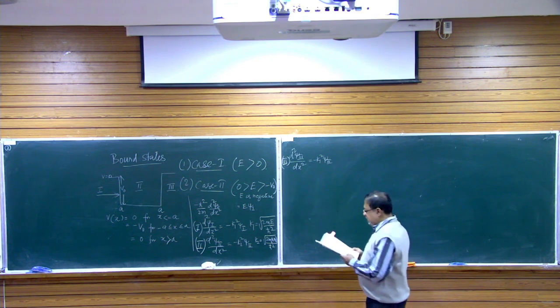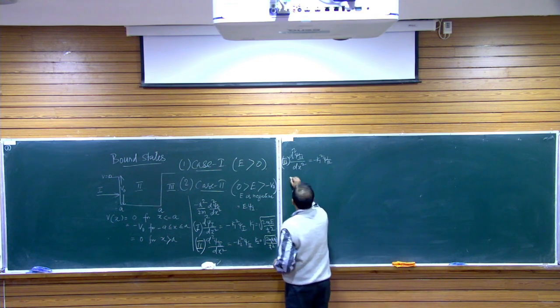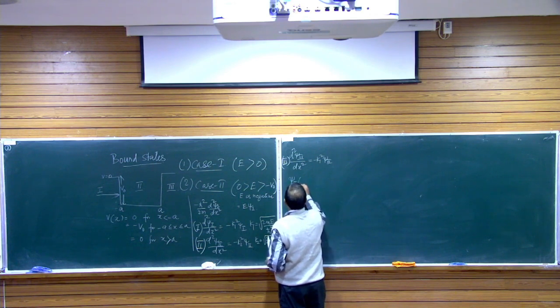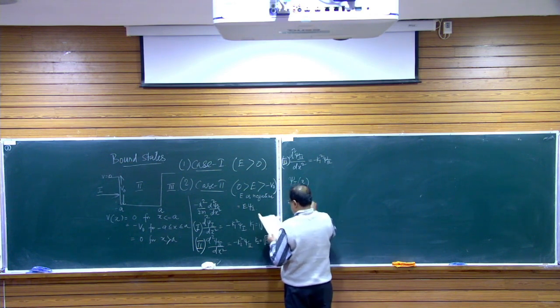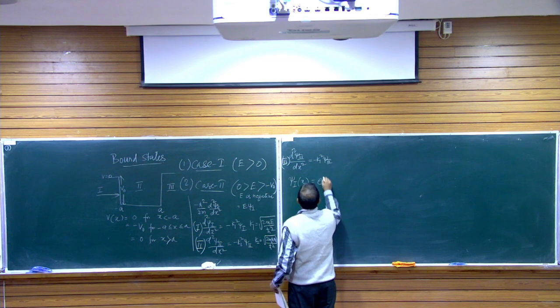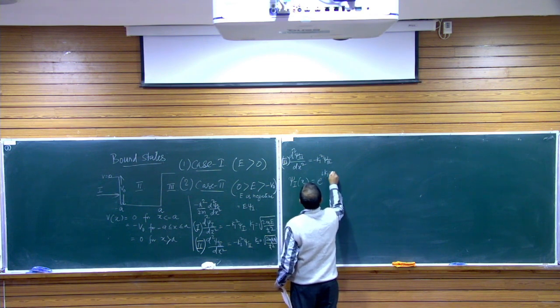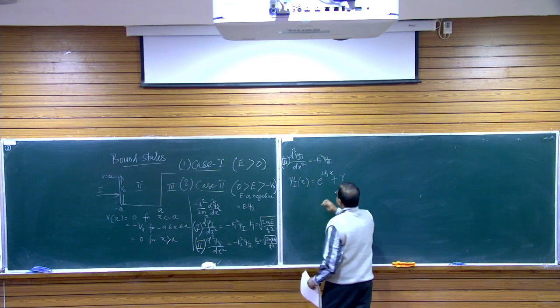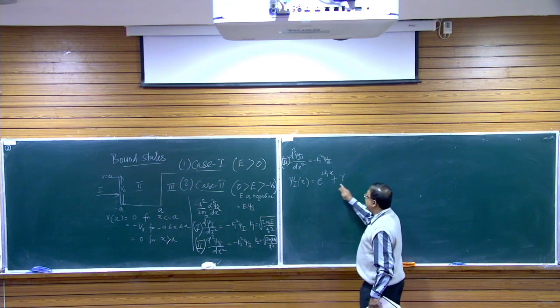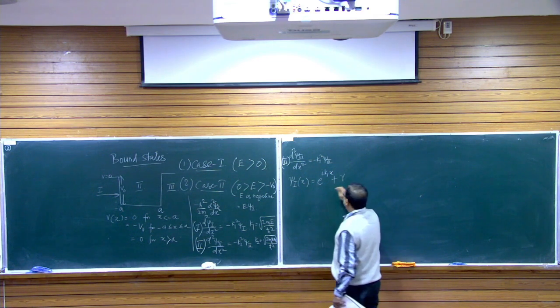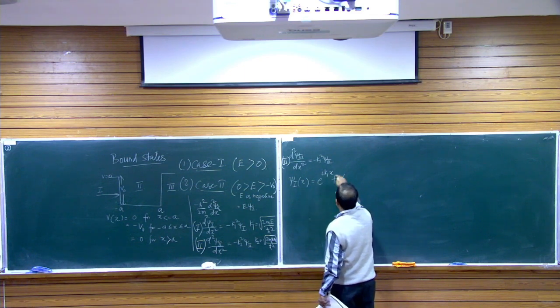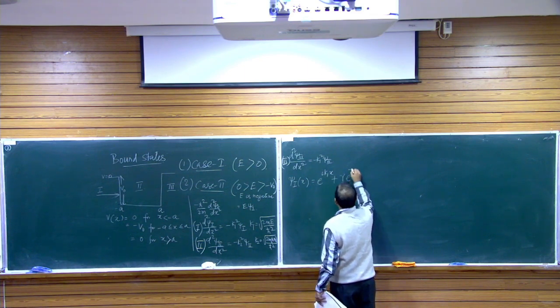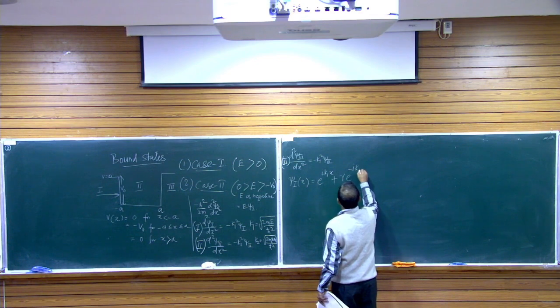Okay, so we'll write down the solutions. So psi 1 is equal to exponential i k1 x plus, now I make a simplification. I don't write A and B, I write exponential i k1 x plus r exponential minus i k1 x.